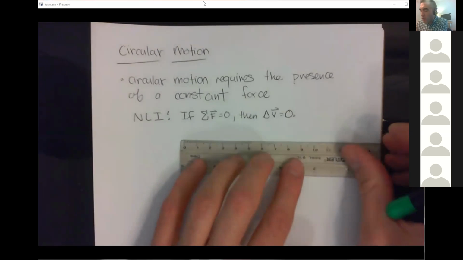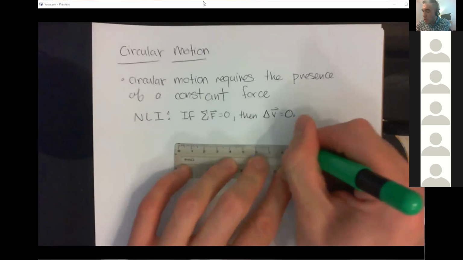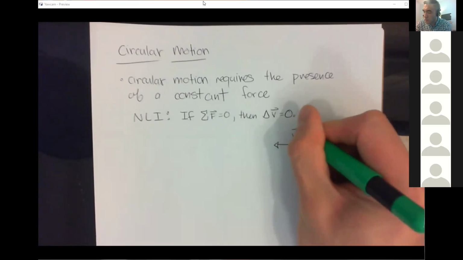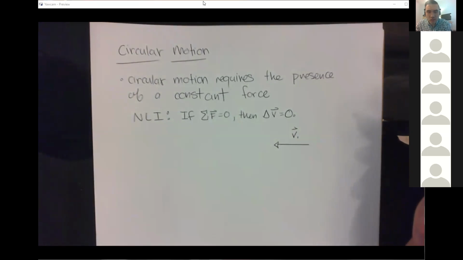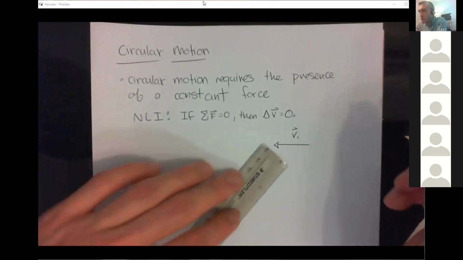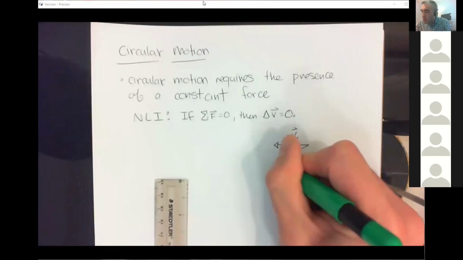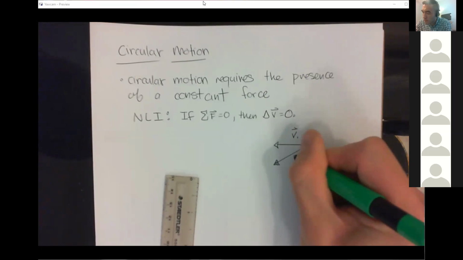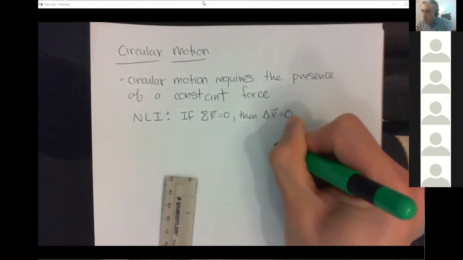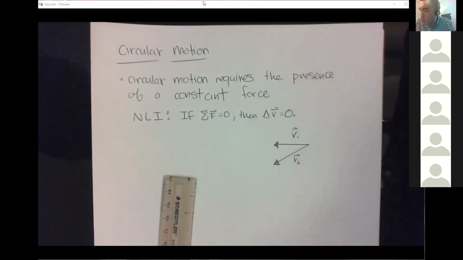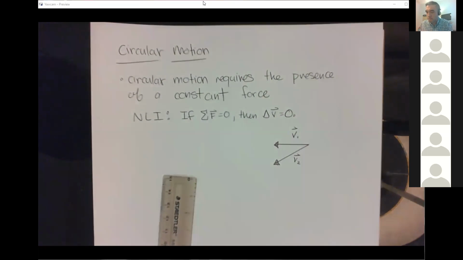And so if I have an object with no forces acting on it, and here's its initial velocity, but I know at some later time it might have the same speed, but now it's pointed this way, this thing has changed direction. What is required to change the velocity? Constant force. Some kind of force.